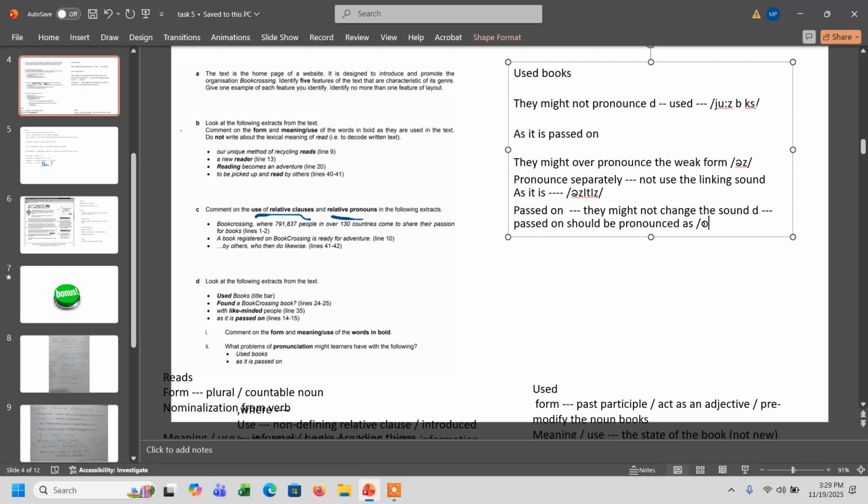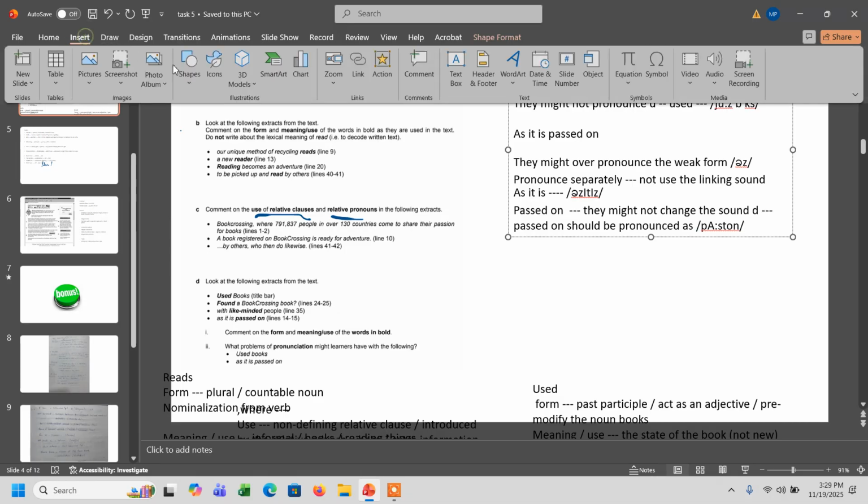Oh wait. A not R sound. Passed on. Actually it should be an odd sound. Passed on. Yes, it is passed on. So they may make such types of mistakes.